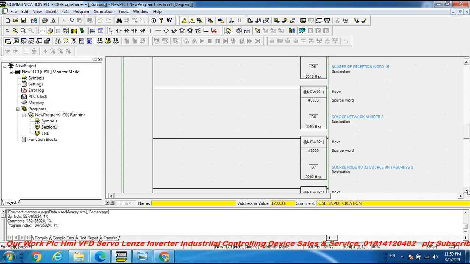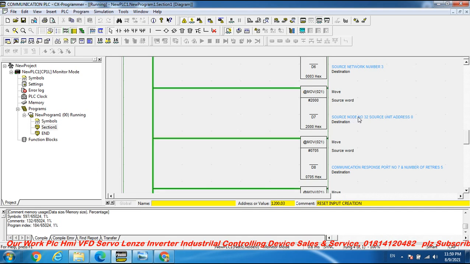And friend, at the rate of move #2000 as source data, stored in D7 as destination.